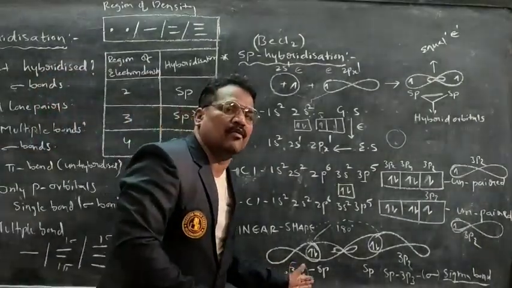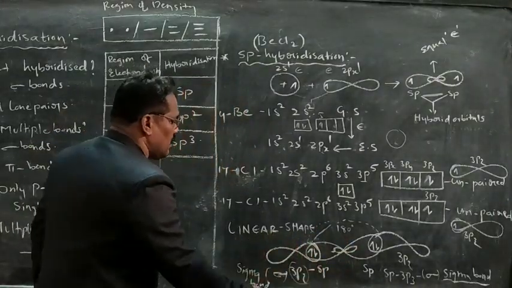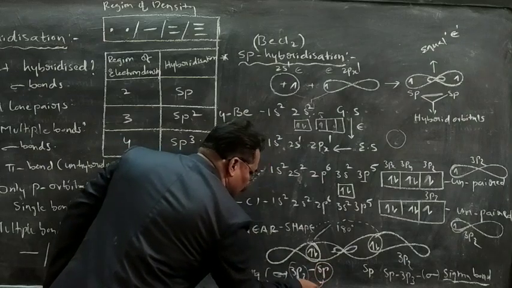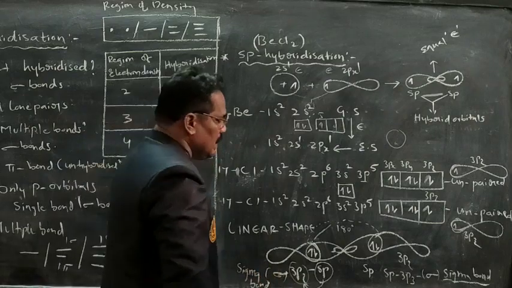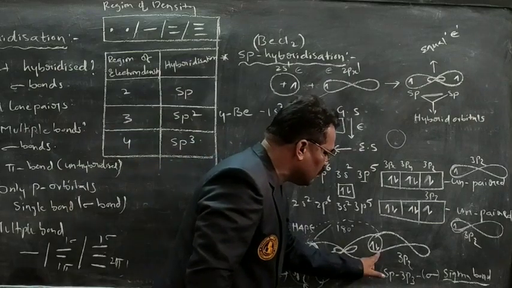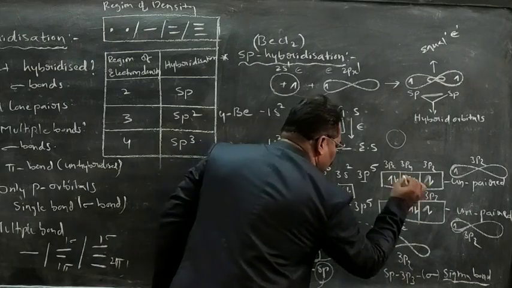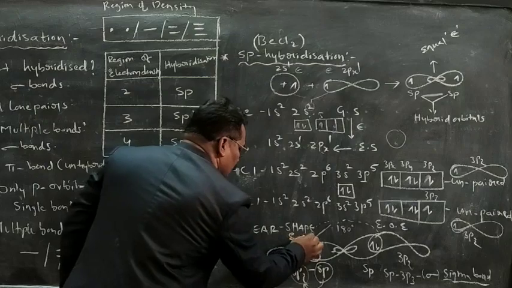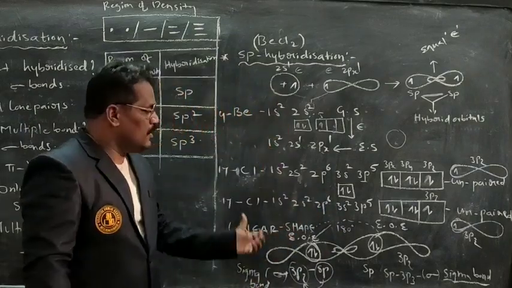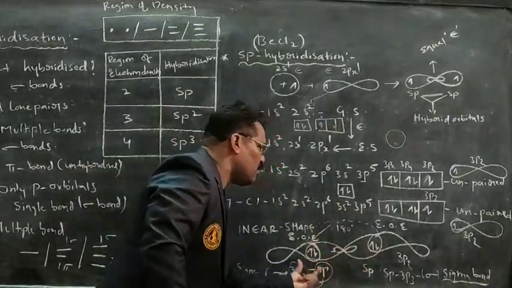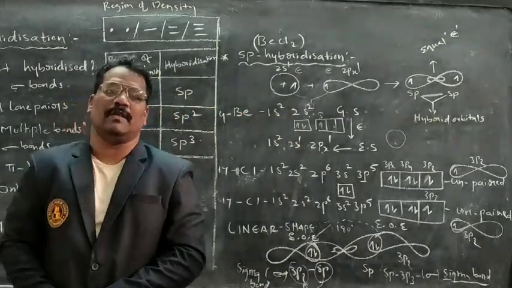That bond is also a sigma bond. How has the sigma bond formed? The sp orbital overlaps with the 3pz orbital. In what way? End-on-end, or head-to-head overlapping. Due to that overlapping, two bonds are formed, and both are sigma bonds.